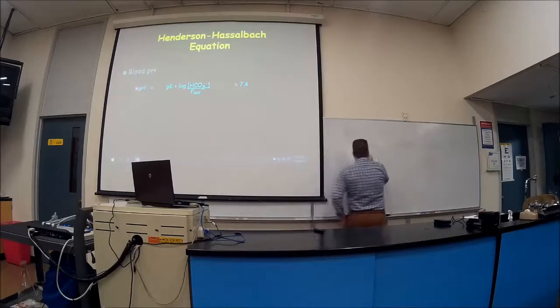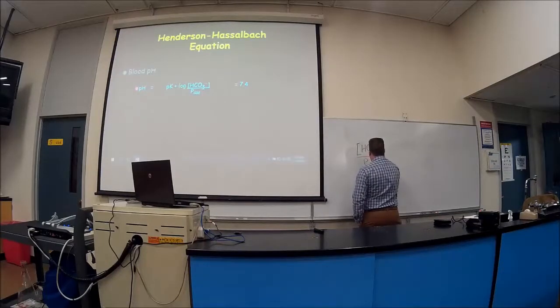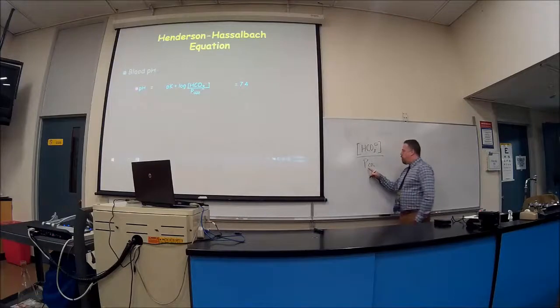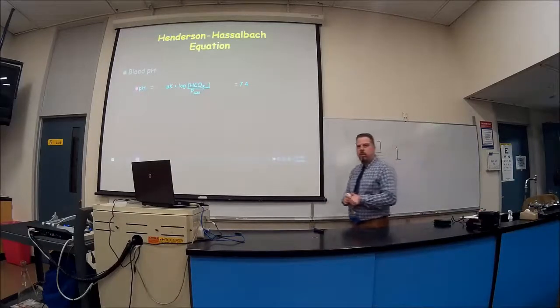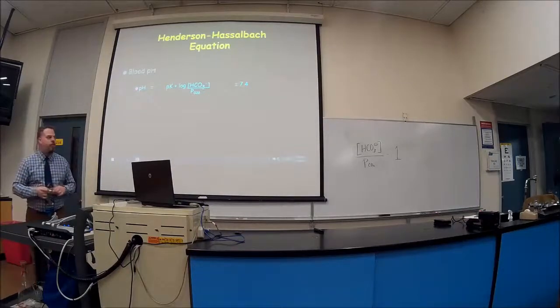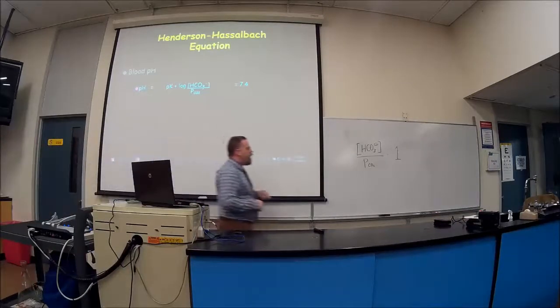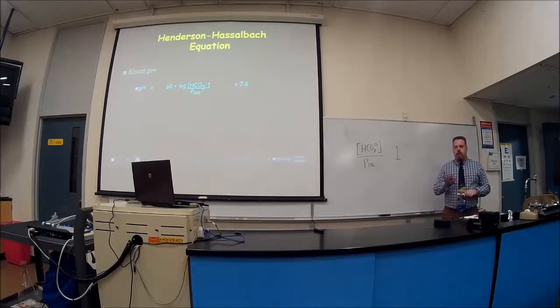Meaning that if I have the concentration of bicarb over partial pressure of CO2, this is equal to 1. Okay? This is not a math course. I'm not going to go into what log means, but that's what we're saying, is that this equals 1. You're on the same page with me?